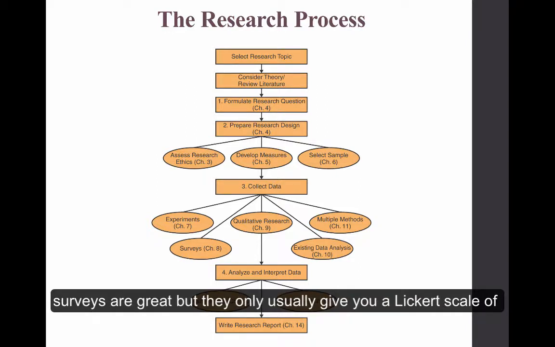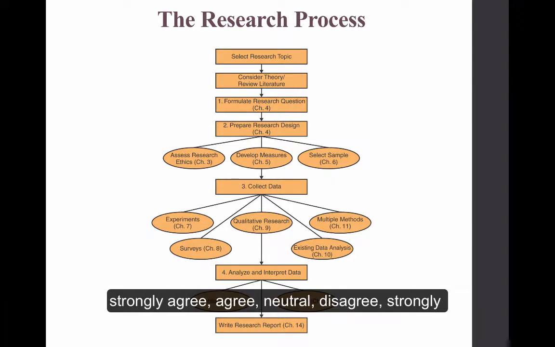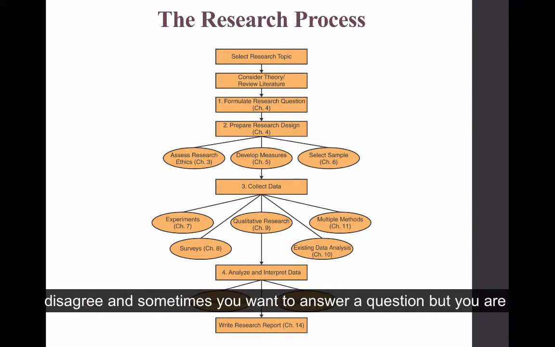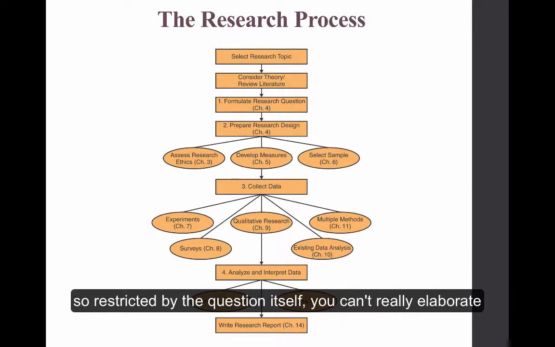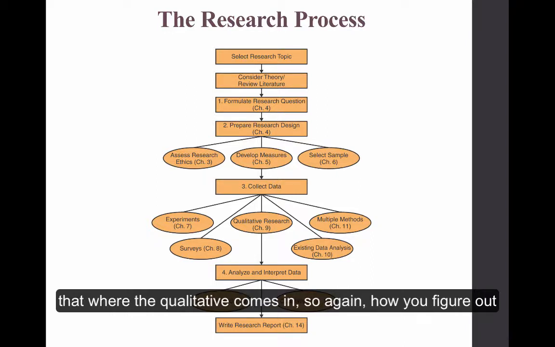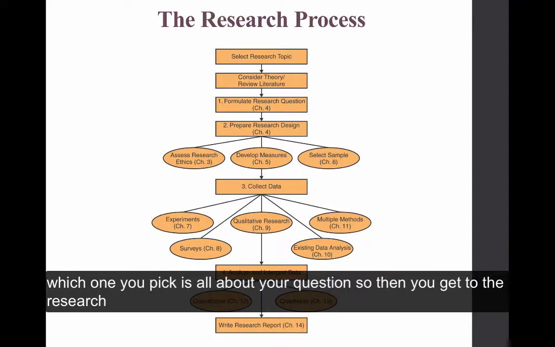Because surveys are great, but they only usually give you a Likert scale of strongly agree, neutral, disagree, strongly disagree. And sometimes, you want to answer a question, but you are so restricted by the question itself, you can't really elaborate. That's where the qualitative comes in. So again, how you figure out which one you pick is all about your question.